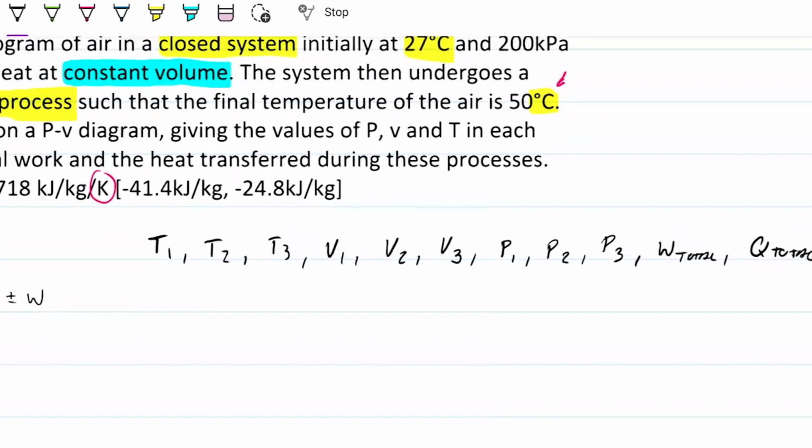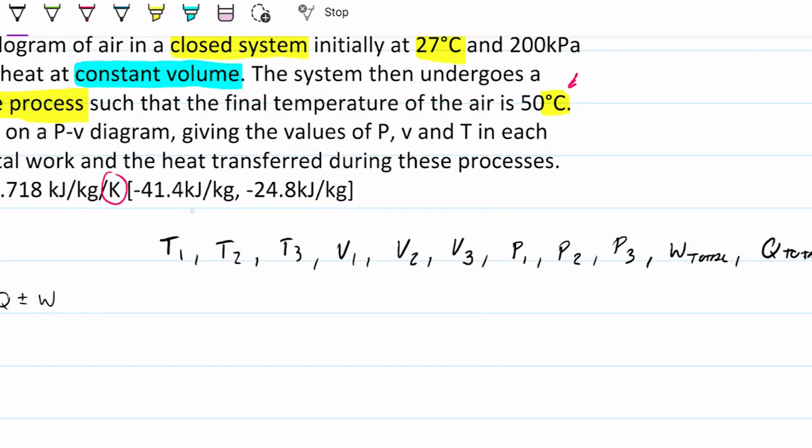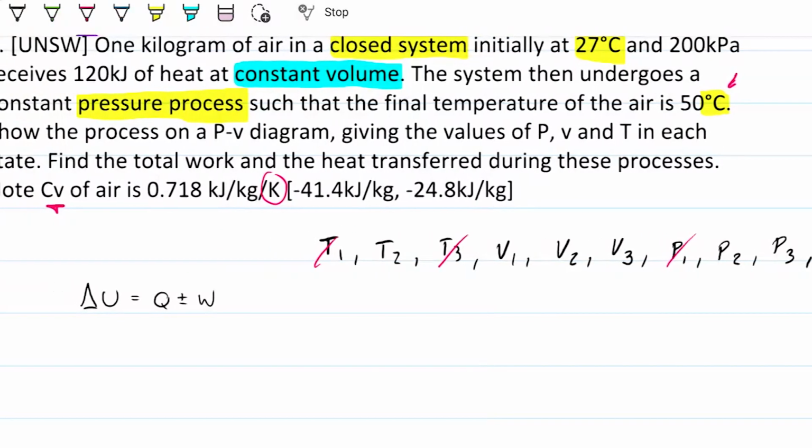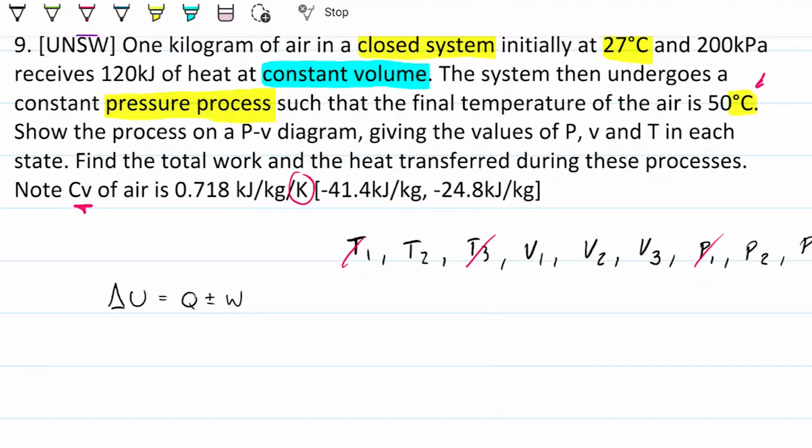Obviously, some of these we already know from the start: T1 has been given, 27 Celsius, and T3 has been given, 50 Celsius. Pressure 1 has been given. So let's go ahead and eliminate those: T1, T3, pressure 1. I think that's all we have, and we need to base everything off that.